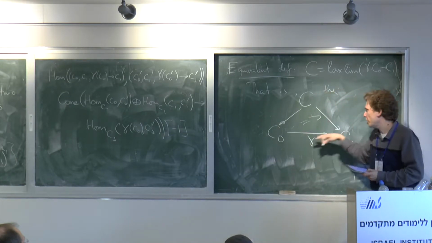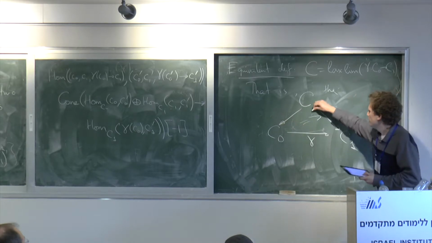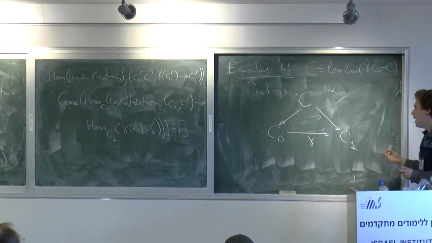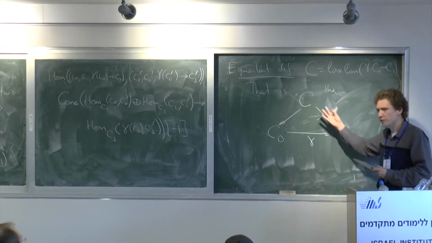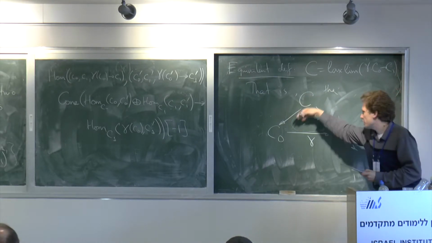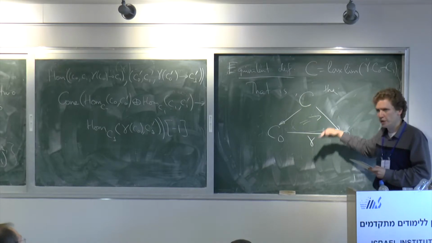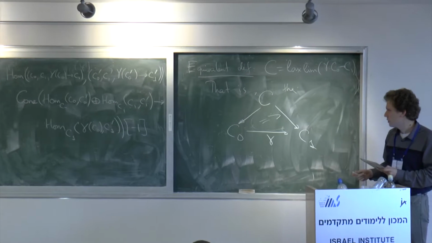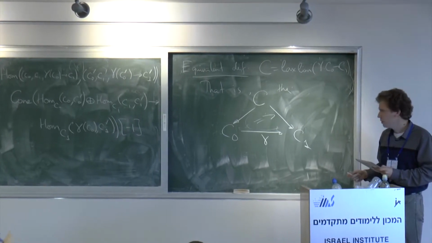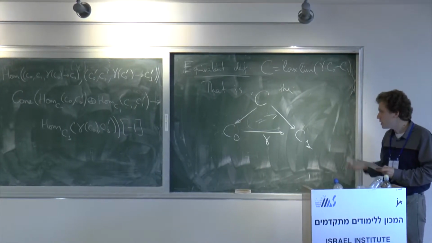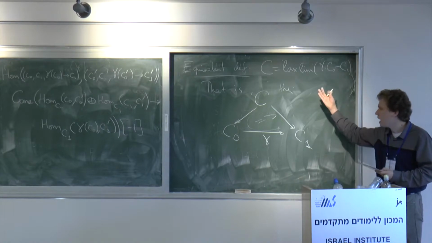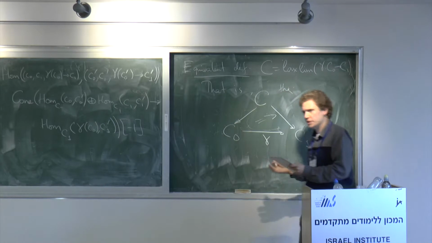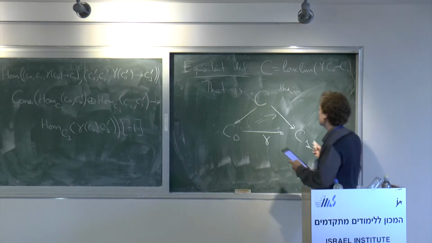So there is a functorial morphism between this composition and this functor. And the whole thing should be universal. So C together with these two functors and such functorial morphism is universal. What? No, it's a morphism. That's why it's a lax limit. So it's a morphism, but it's not an isomorphism of functors.